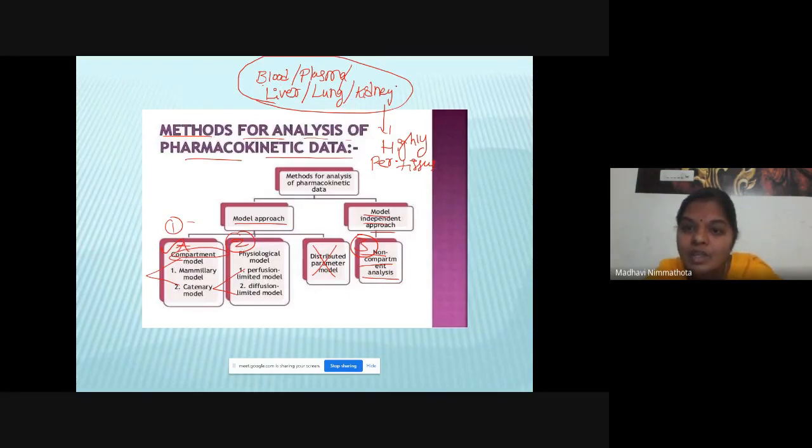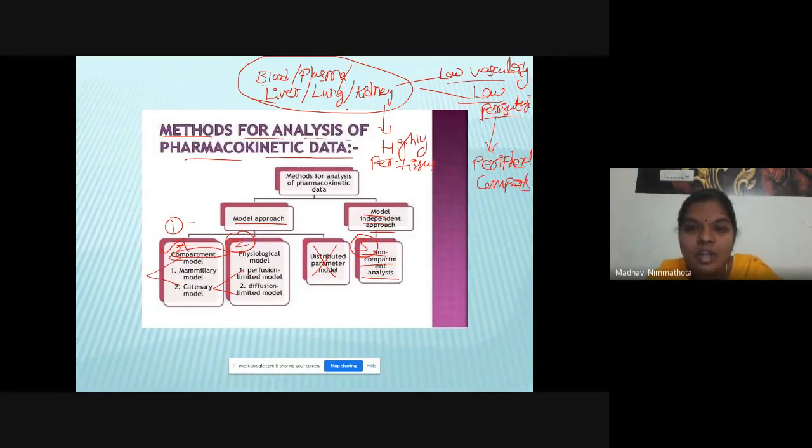The other tissues are perfusion limited tissues, low vascularity or low perfusion, which may be attached to this central compartment. These low vascularity, low perfusion tissues are said to be peripheral compartments.